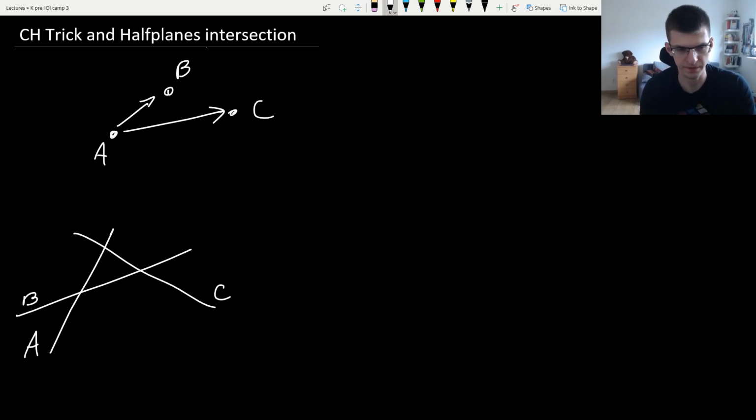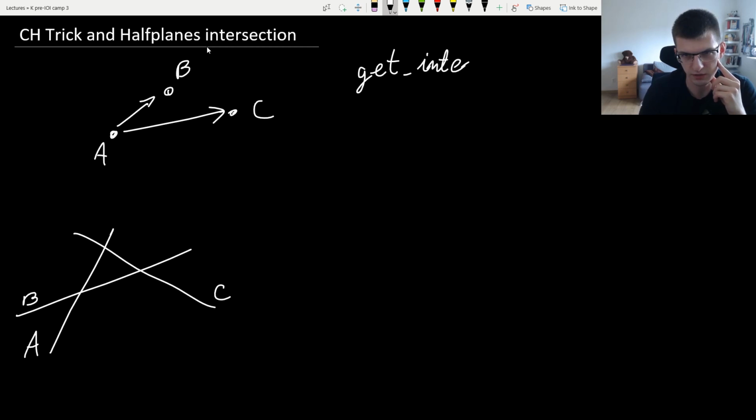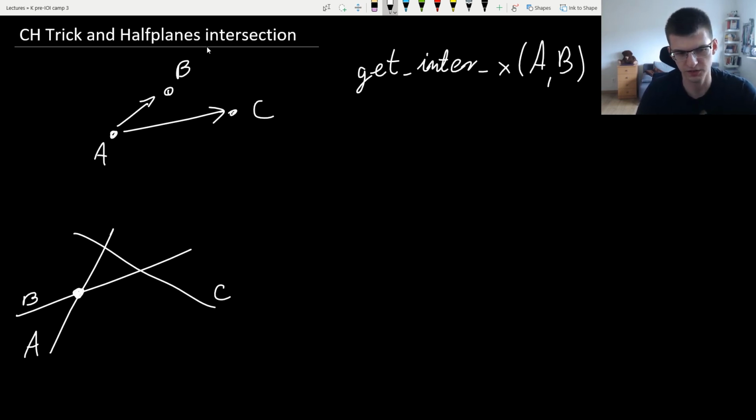In the problem with taxi companies, I have a function that gets the intersection x of two lines, let's say A and B, and this gives me the x coordinate of this point. Then also the x coordinate of the intersection of B and C, and I will compare those two.